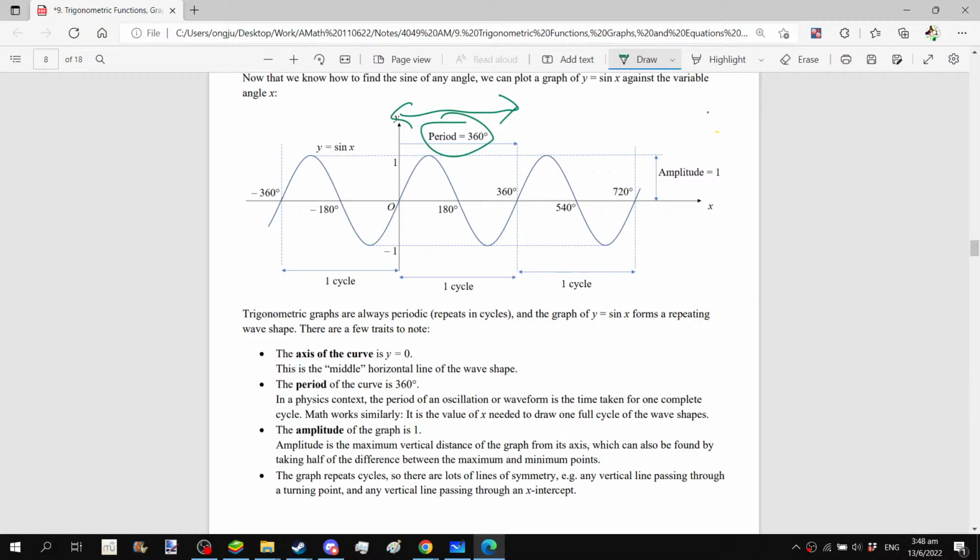Physics tells you the time consumed for one cycle. In math, it is the amount of whatever resource consumed for one cycle. So the resource could be degrees, it could be radians, it could be time, it could be just about anything. It depends on the independent variable, alternatively the x-axis. Right?